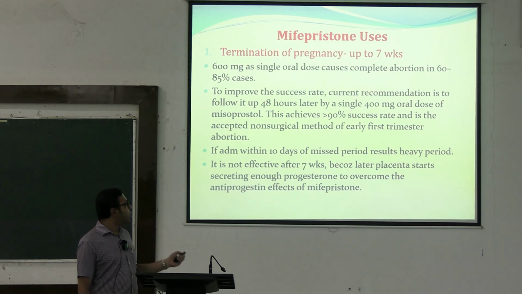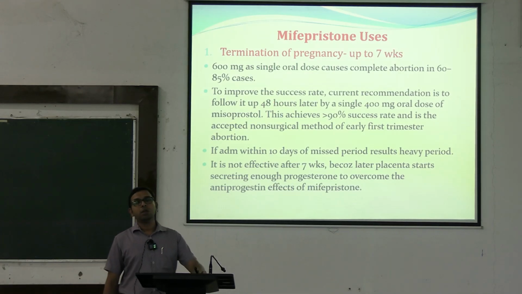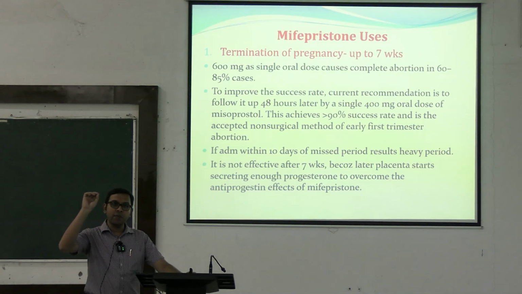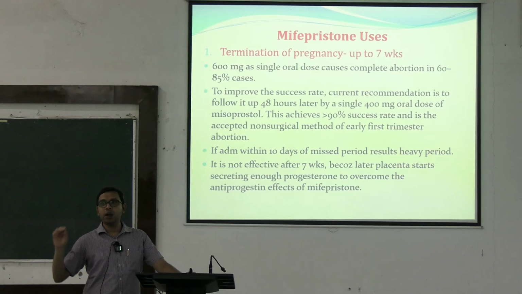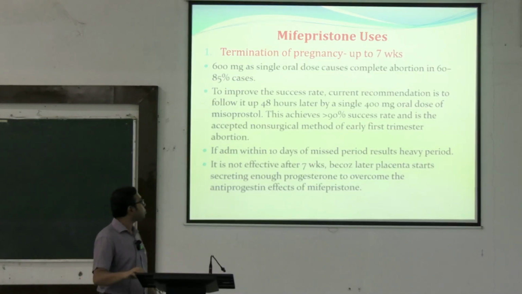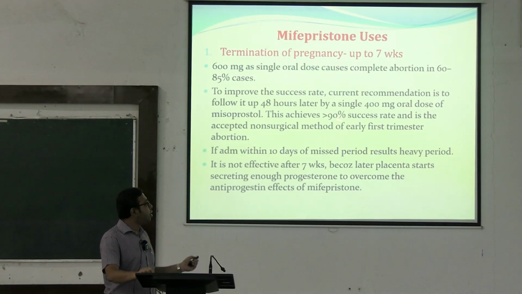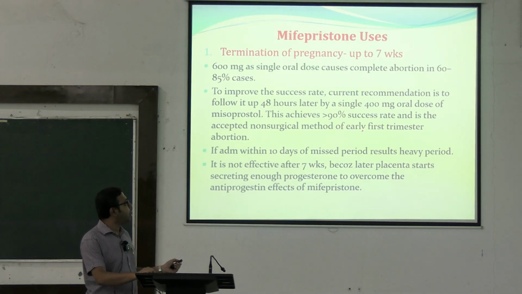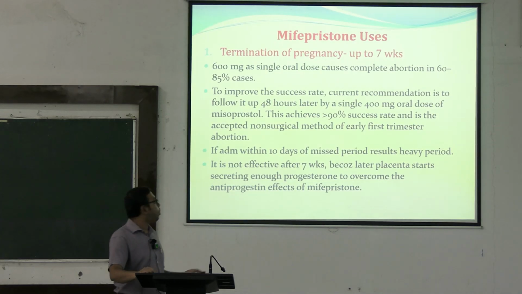The current recommendation is to follow it up after 48 hours with a 400 milligram oral dose of misoprostol. So, misoprostol further increases this. First we are giving 600 milligram of mifepristone, after 48 hours we are using misoprostol. This achieves greater than 90% success rate and is the accepted non-surgical method of early first trimester abortion.